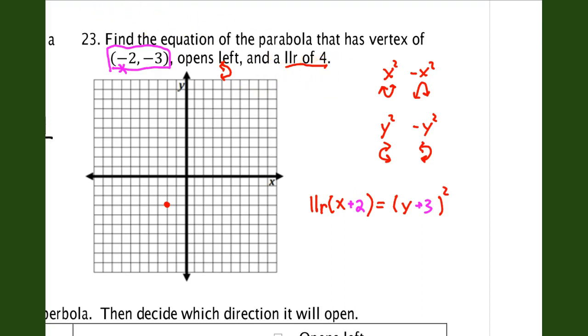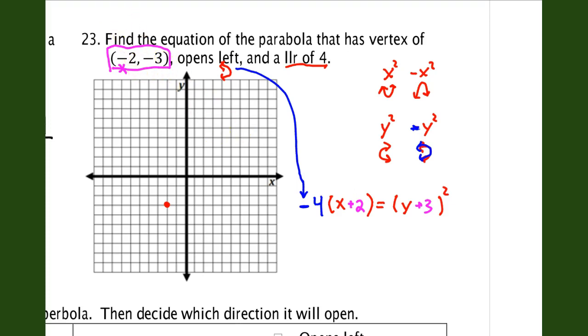So all we need to do is put in the 4. And to make it open to the left, though, remember to the left, I need this negative. So we're going to put that negative right here. This guarantees that it opens left by putting that negative there.